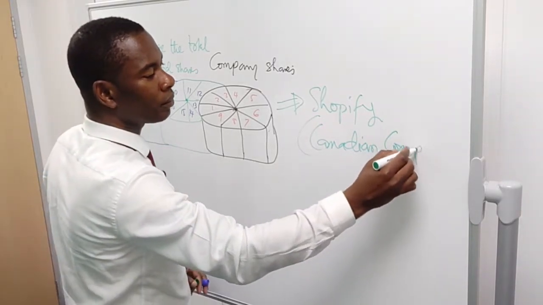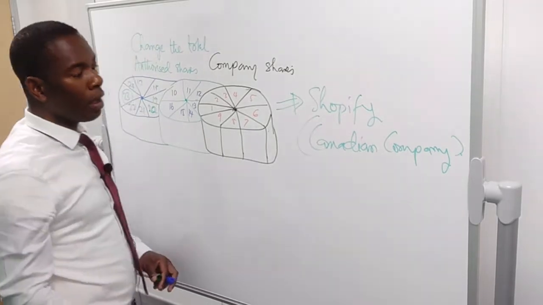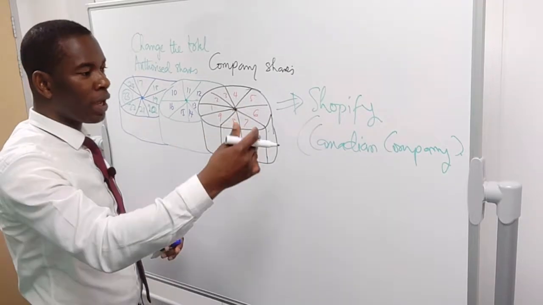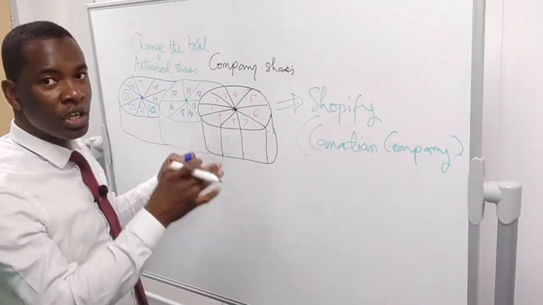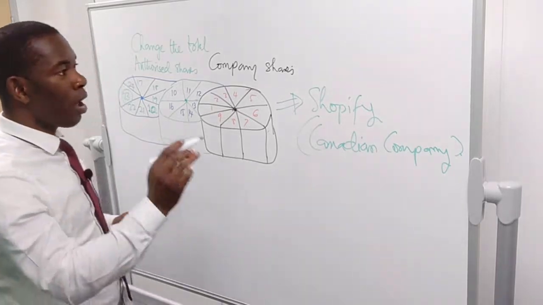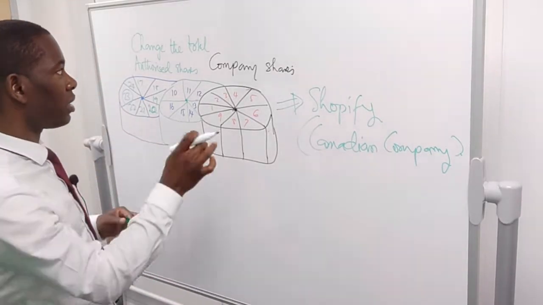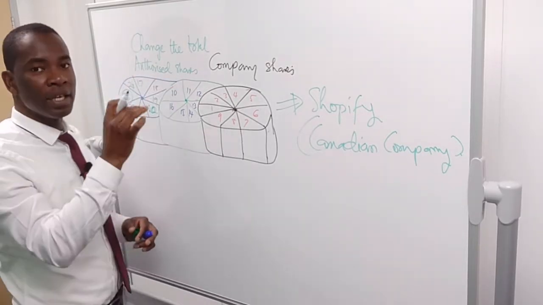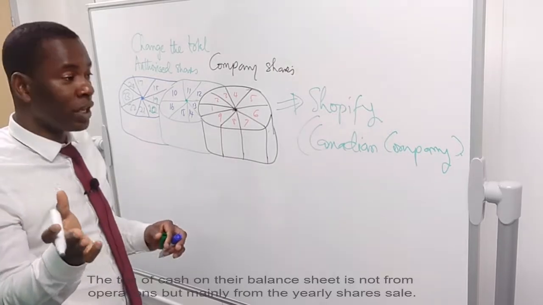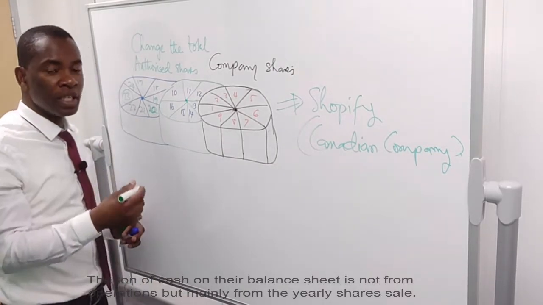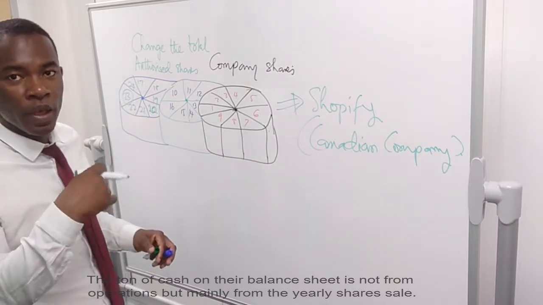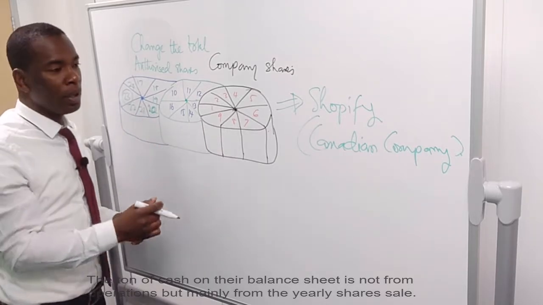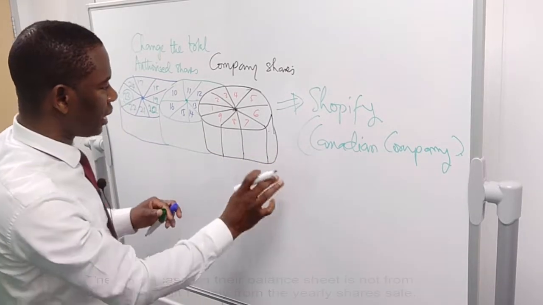If you look at them, you see year on year they keep selling new shares, adding new shareholders and everything. I've not bothered to check whether they have exhausted all their authorized shares, but all I know is that each time the issued shares just keep going up and up, right? So that is that.